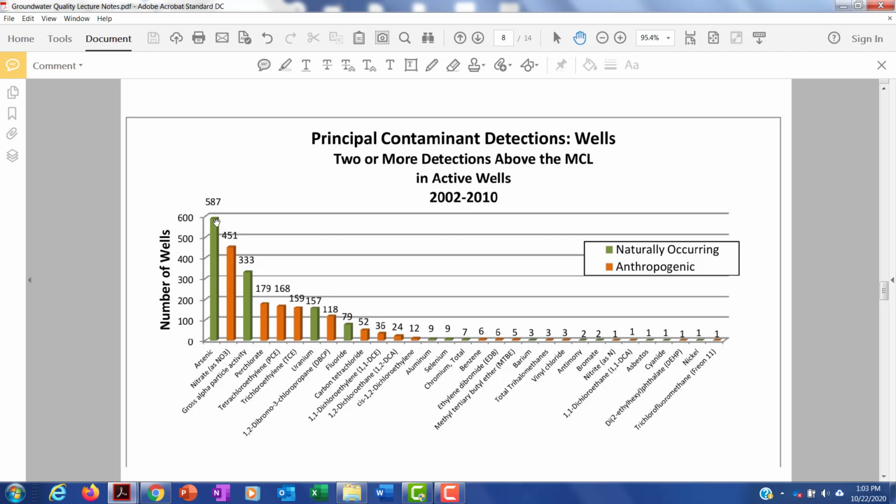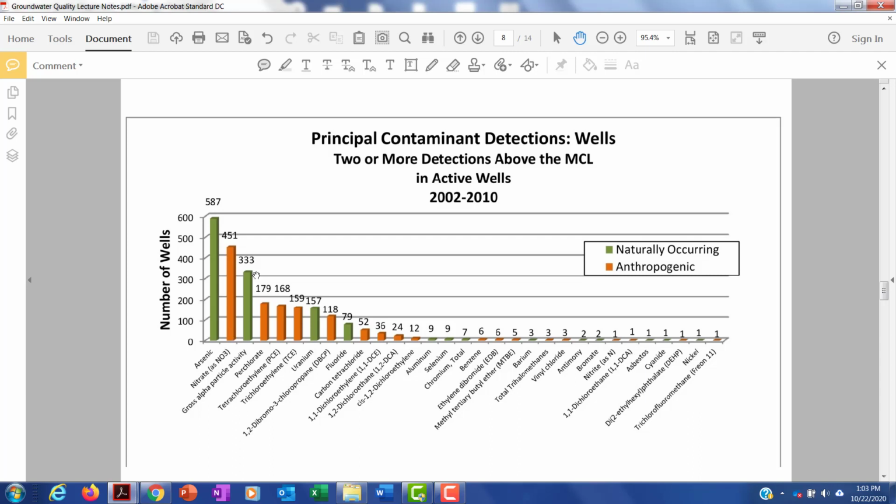So our biggest problem is naturally occurring arsenic. The next biggest one is nitrate, and that's due primarily to agricultural activity. I want to get into that a little bit later. And the thing you might notice about both of these is that they are inorganic, and that is that they dissolve in water, and therefore they're hard to remove from the water.